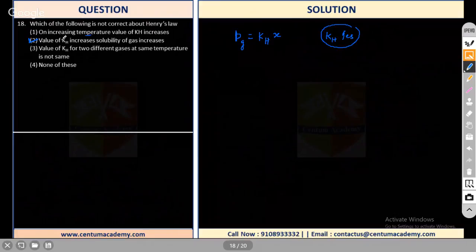So in this option also, the temperature is increasing, so the solubility of gas should decrease. But the option says as KH value increases, solubility of gas also increases, and hence this option is wrong. Hence the correct option is option 2. The value of KH, obviously, is different at the same temperature for two different gases, okay? So option 2 is right here.